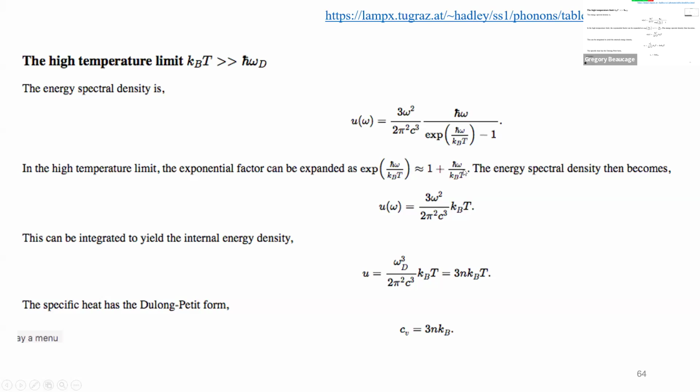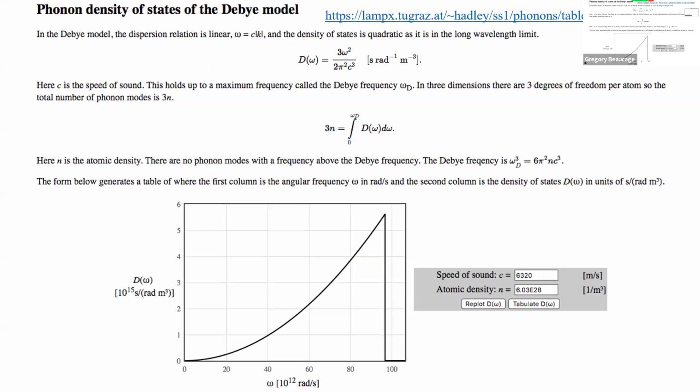The exponential expansion goes to the linear at high T. This is a small number, so you can use that expansion, plug that in, get a simplified form for the energy, and then take the derivative of that with T. So that energy becomes 3NkT, and the derivative with T is just 3Nk, which is the Dulong-Petit 3R. Cv over R is 3. So both Einstein and Debye revert to this 3N k, 3R heat capacity.